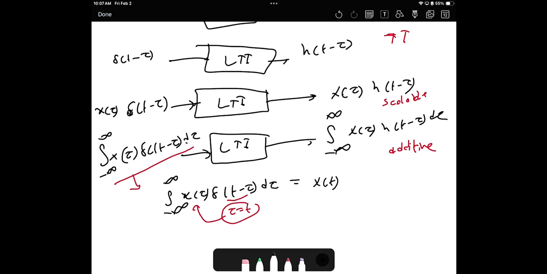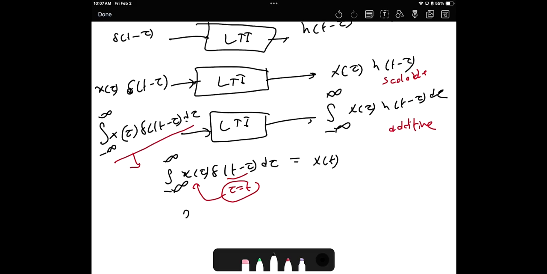Because for the delta function, we know whenever we have f of t times delta t minus tau, under the integration d tau, it is equal to f of t, which is the same as what we did here.